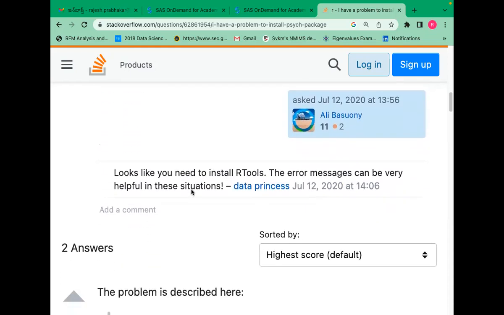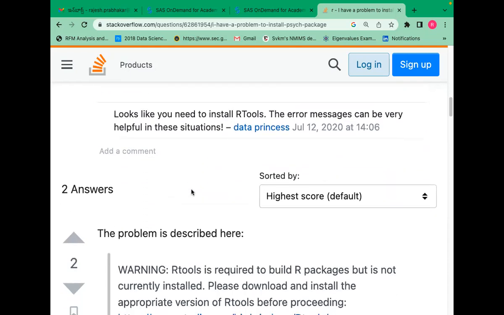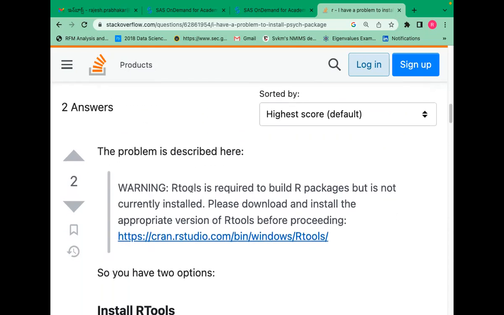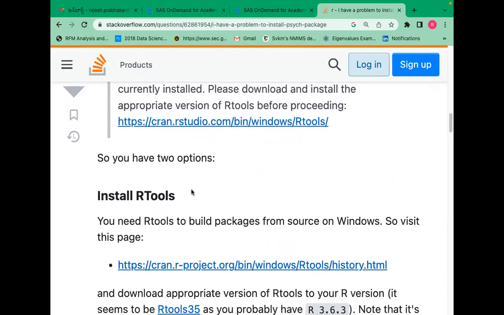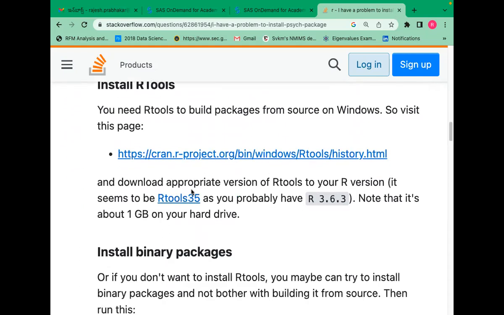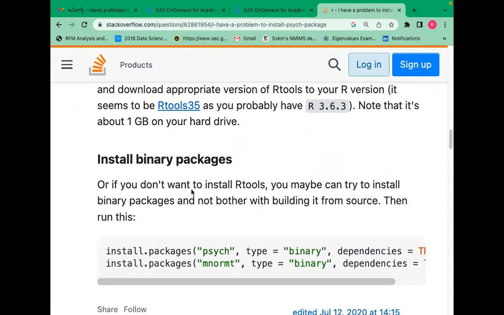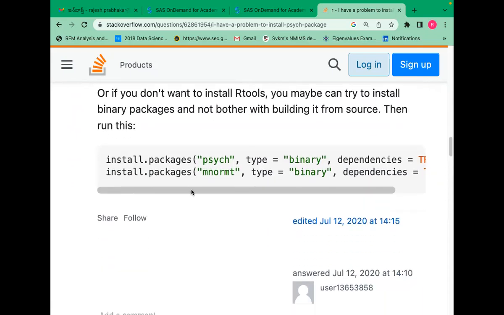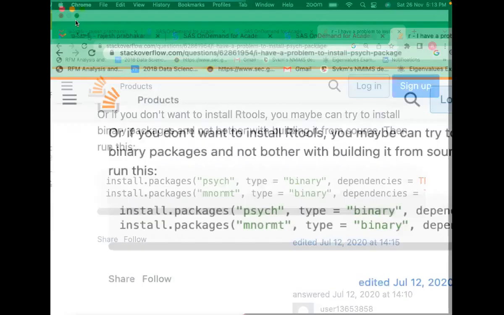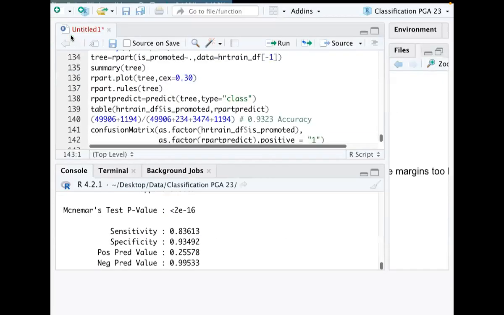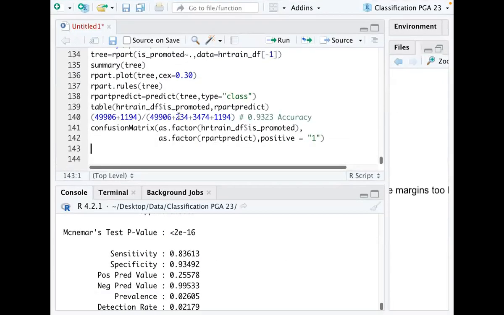There will be some version available. Because it is not suggesting which package is not installing. If it suggests which package is not installing, then we can install that and reinstall the package.